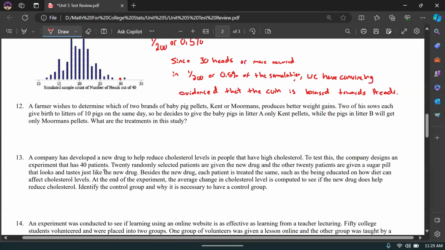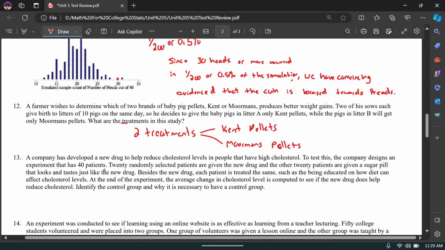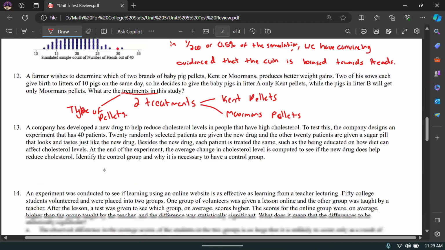So there are two treatments, and they are Kent pellets and Mormon's pellets. So the type of pellets. There you go. All right, number 13.